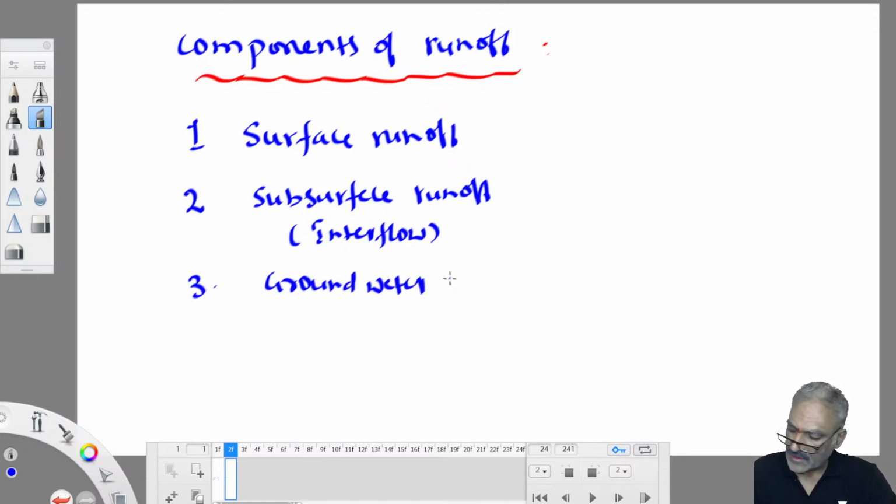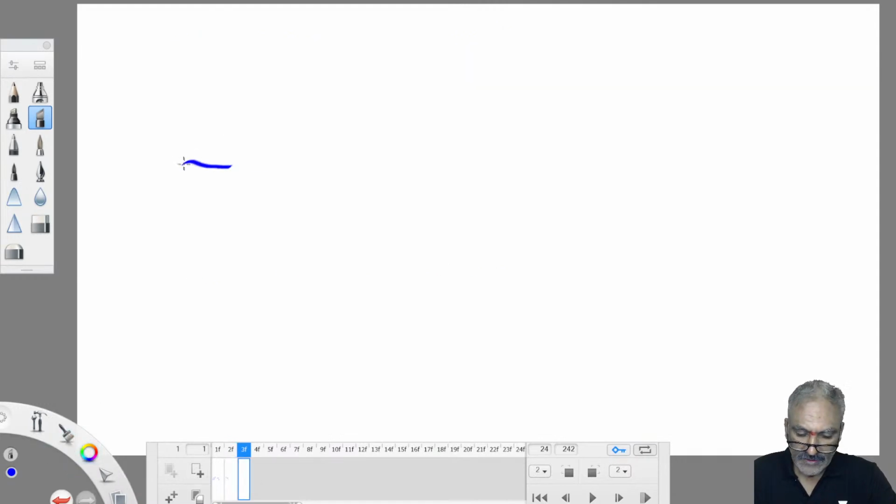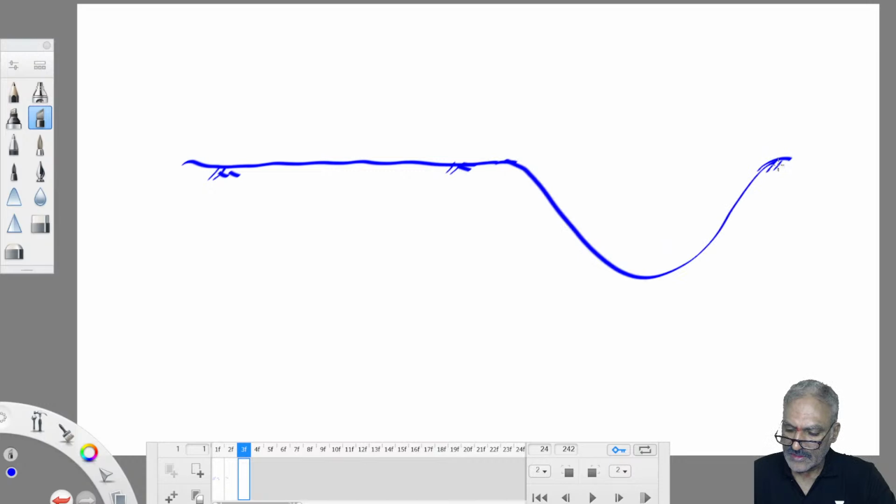You see the catchment from the place from which it joins. Suppose you draw a catchment, this is a catchment, assume. This catchment ultimately drains water into a source. Source could be a river, a lake, a reservoir, whatever it may be. So rain occurs in a catchment.